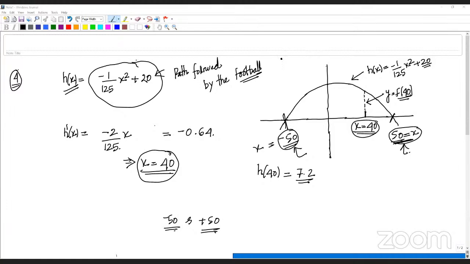Sir, how did you find out h dash of k, like a -2 by 125k? Can you please explain, sir? What is the definition of this? If you have a parabola, what is the slope of this parabola? The slope is 2ax plus b.